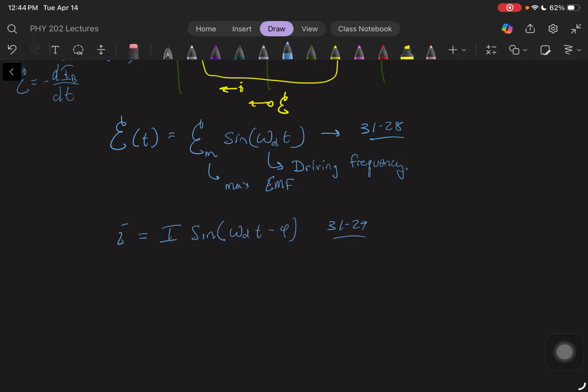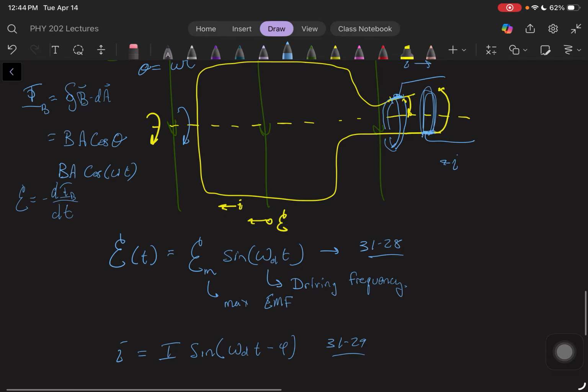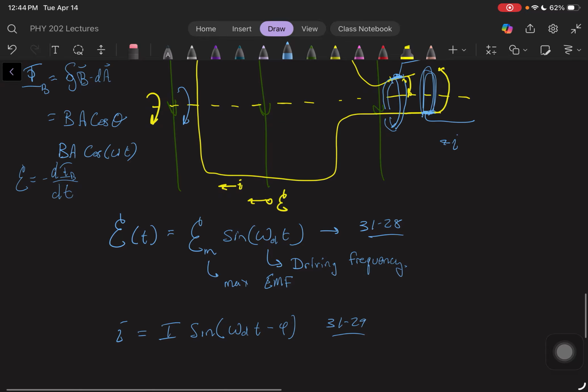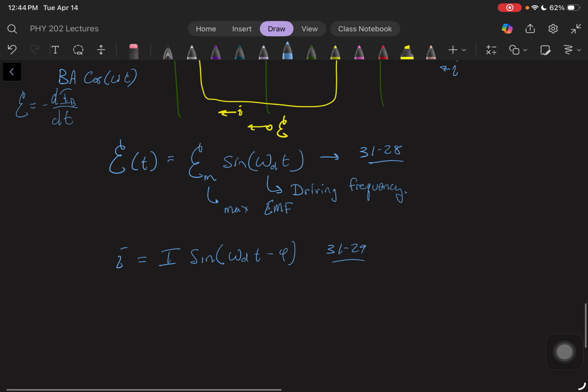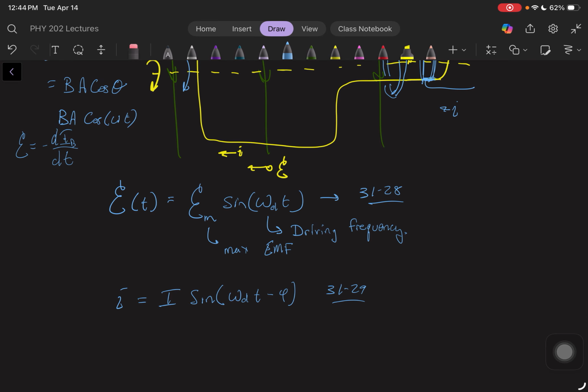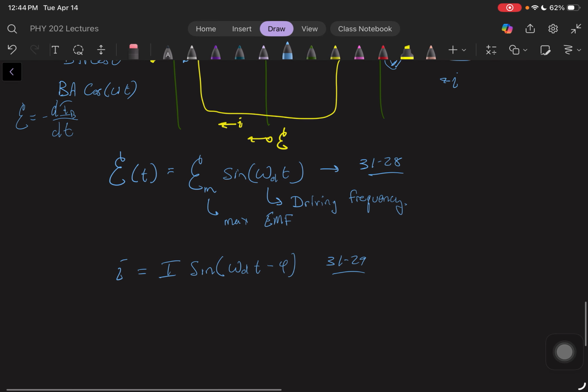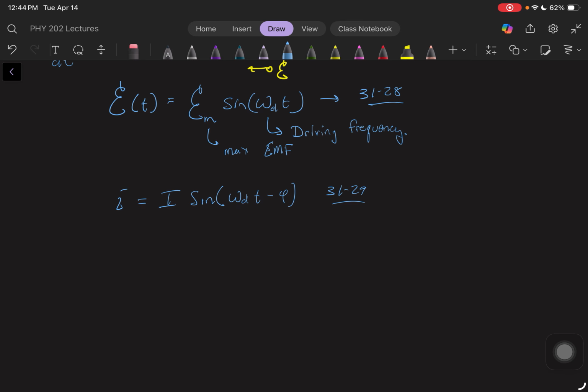Because as we will see, these are not always in phase, right? If there happens to be some kind of an inductor somewhere, it's going to initially resist the EMF, and we're going to have all sorts of fun things happen. But we're not jumping into there quite yet. So that's all you need to know from this section about AC.